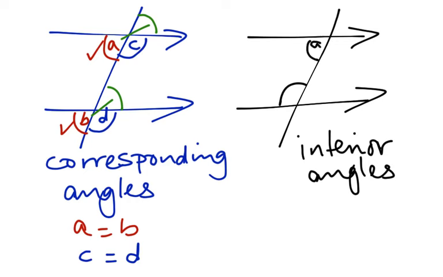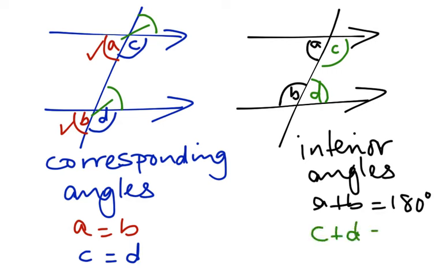So I'll have an A here and a B here, and when you add them up, they equal 180 degrees. That's what the word supplementary means. In the same way, I can have another angle here, C, and an angle D, and say that C plus D also equal 180 degrees because they're supplementary.